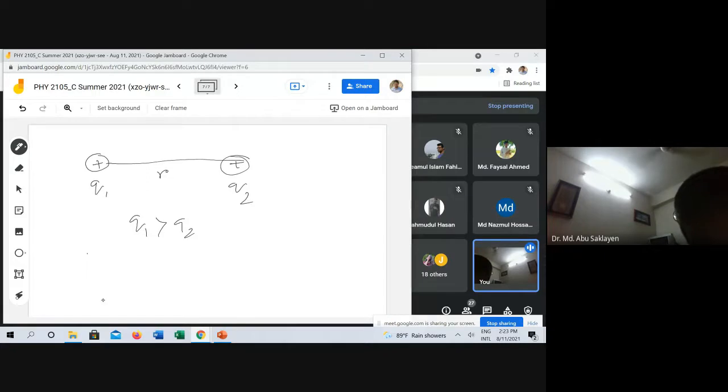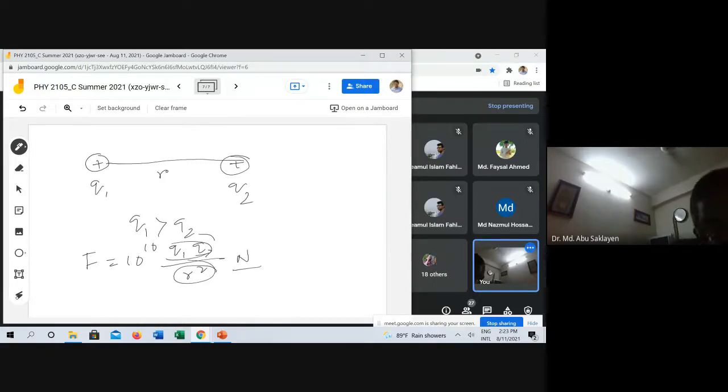You can find it from the expression 10 to the power 10 Q1 Q2 divided by R square. Putting the values of Q1, Q2 and R, you can easily find the magnitude and its unit will be Newton. So now what will be the direction of the force?